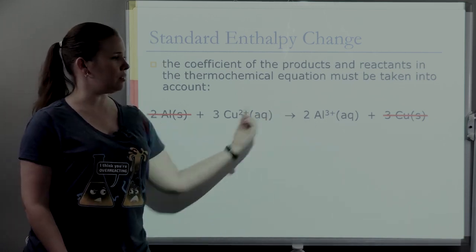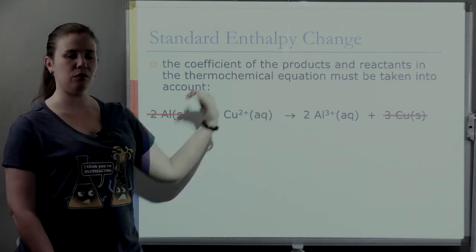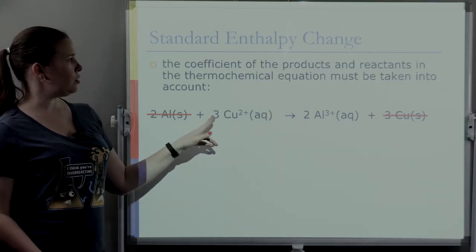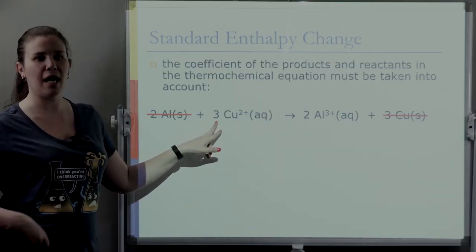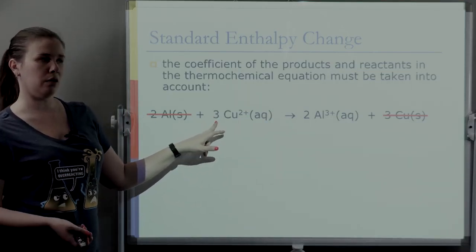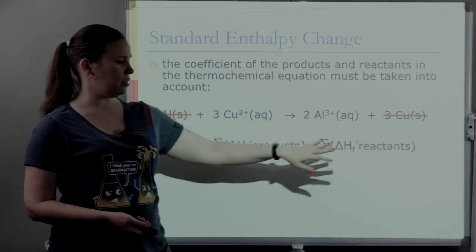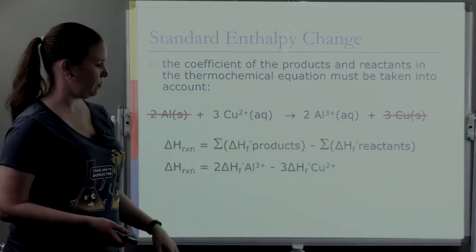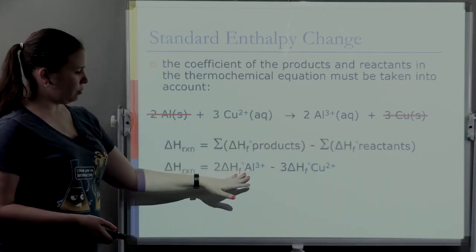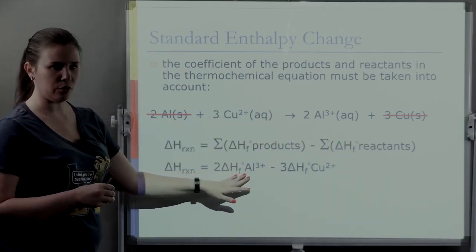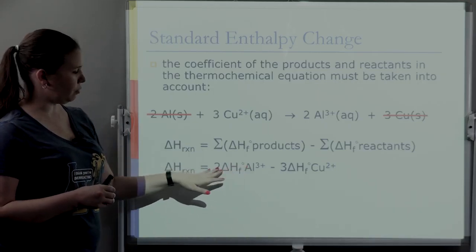What I want to compare is the energies of the aluminum ion versus the copper ion. But notice that there are coefficients. So that's going to act as kind of a multiplier on our enthalpies. So I want to find the total amount of product and subtract the total amount of reactant. So if I look at the aluminum, look that up on the table there for aluminum, I would need to multiply that number by 2.